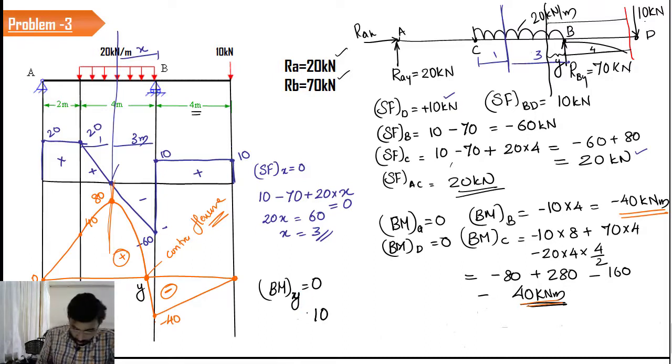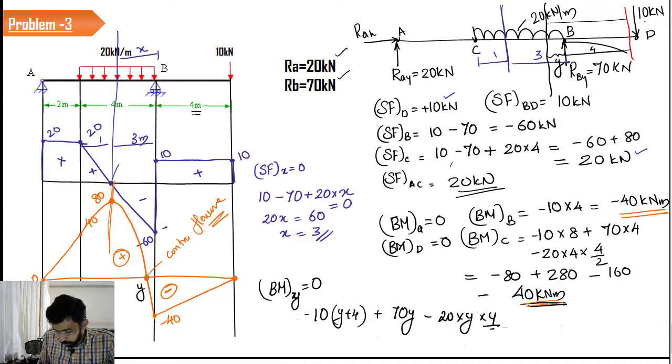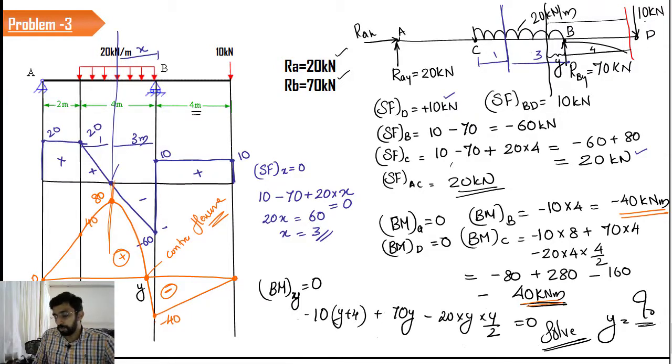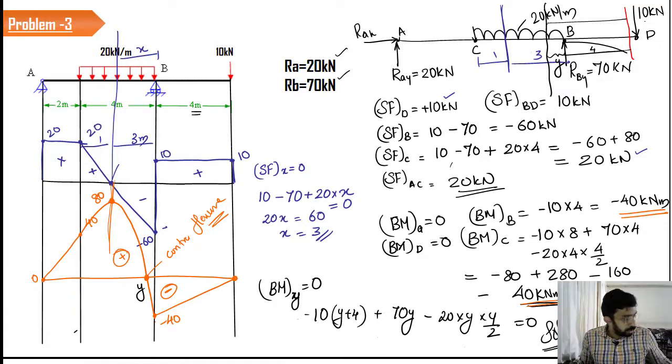So this is, 10 into y plus 4, plus 70 into y, minus 20 into y into y by 2. This will be equal to 0. So solve this and get the value of y. Consider it as homework. You solve this and get the value of y. So this is how we have to calculate the point of contraflexure and point of inflection.